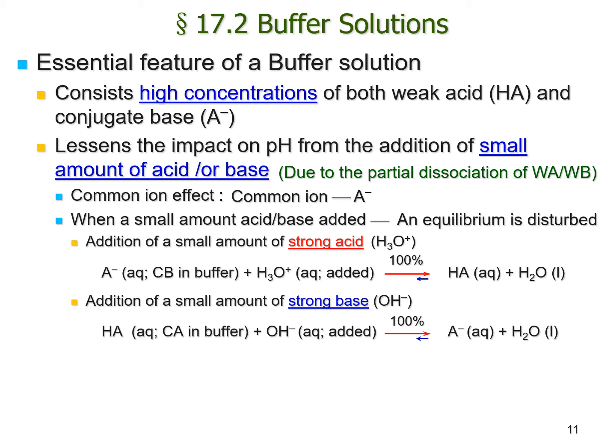If the concentration of hydroxide doesn't change that much, the pH is virtually unchanged. That explains why a buffer solution keeps the pH virtually unchanged when it is introduced to some small amount of a strong acid or strong base.